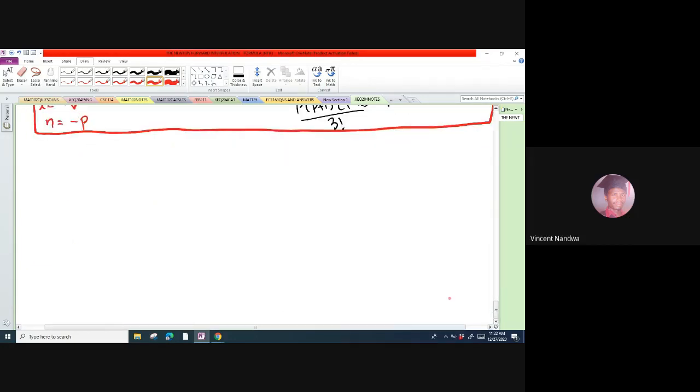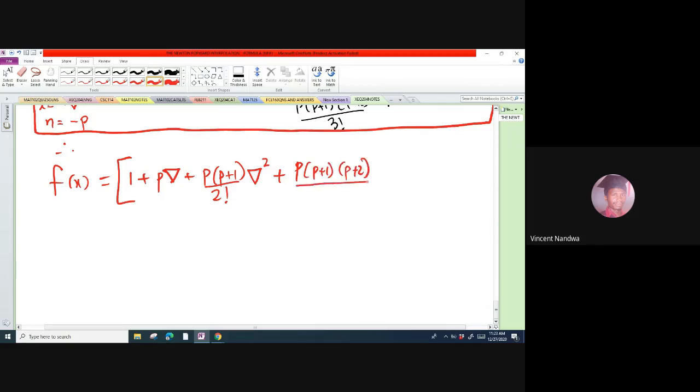So therefore we have f of x given by 1 plus p backward, plus p into p plus 1 over 2 factorial backward square, plus p into p plus 1, p plus 2 over 3 factorial backward power 3, plus p into p plus 1 into p plus 2.